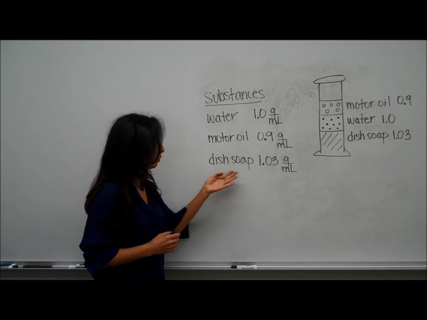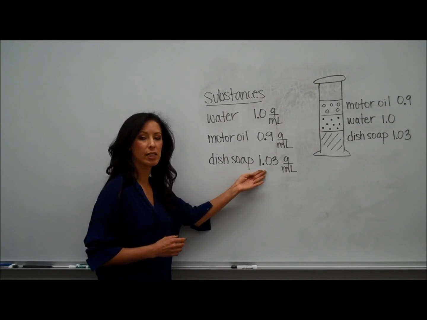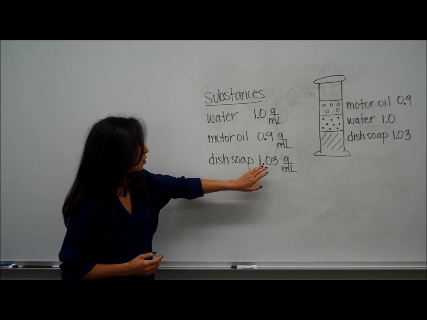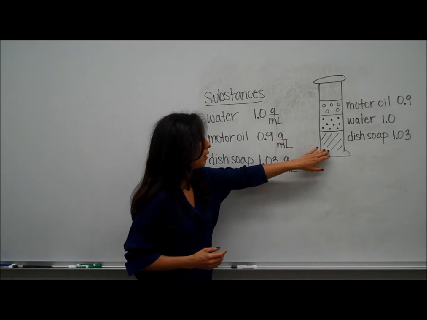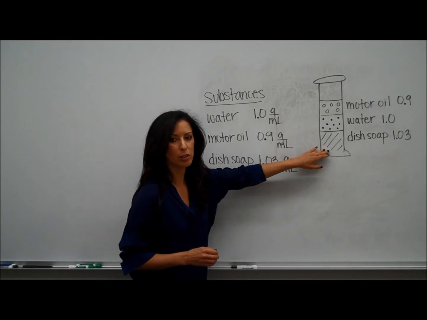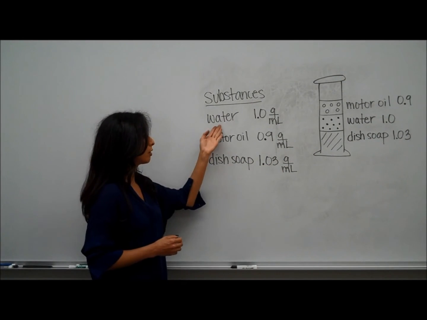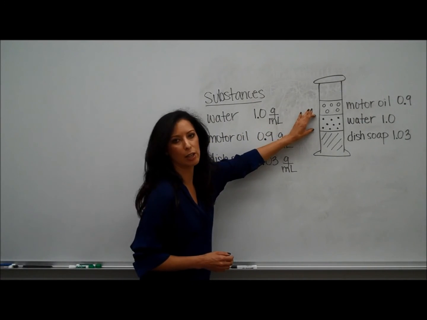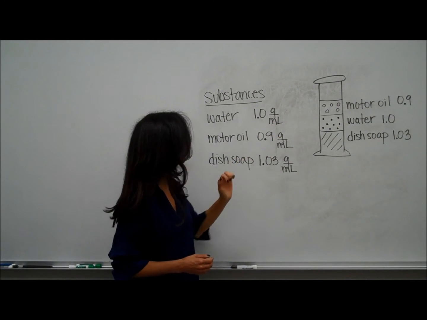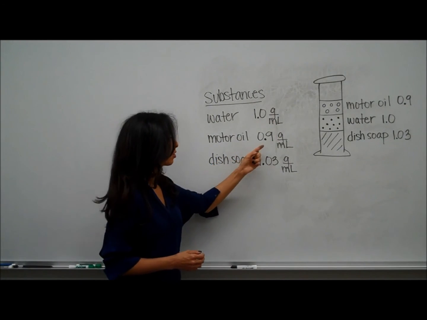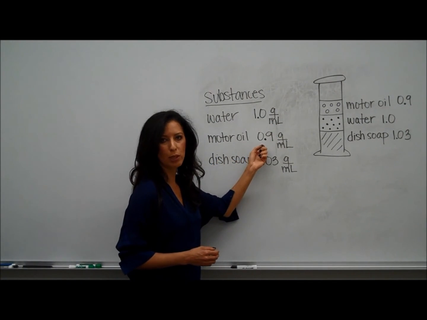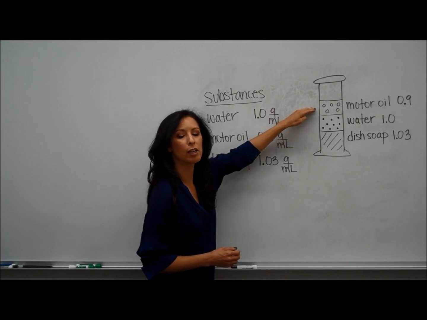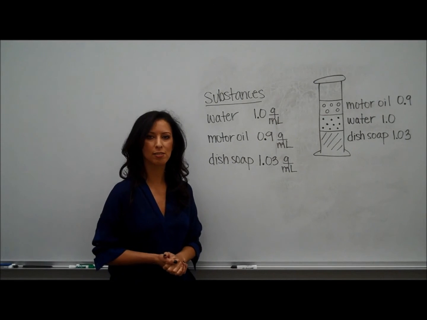Well, dish soap has the highest density, 1.03 grams per milliliter. So it is going to fall at the bottom of the graduated cylinder. Water has a density of 1.0, so it will form the middle layer. Motor oil has the lowest density, 0.9 grams per milliliter, and it will form the top layer in the graduated cylinder.